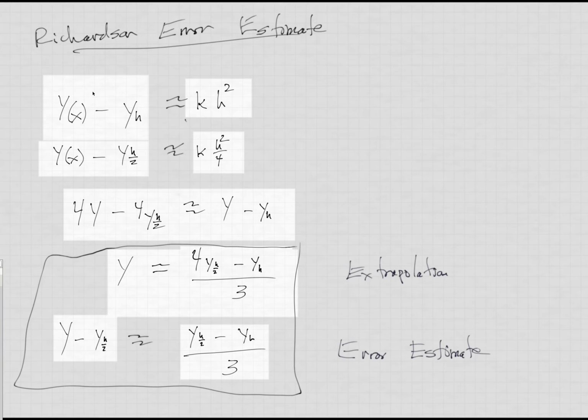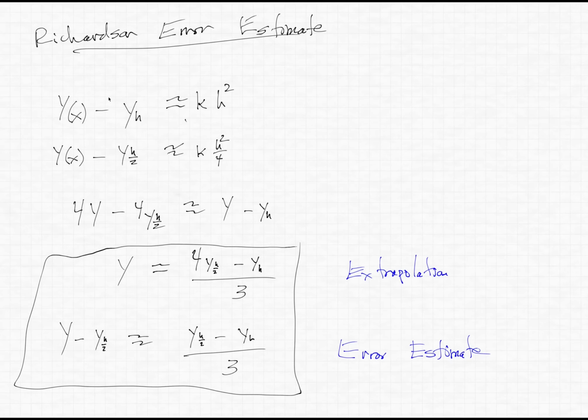According to what we just learned, the error in a particular y value that we get is proportional to h squared. So k is just some constant here. And this is an approximate equality, but it should be true asymptotically, right? So as h gets smaller, this should approach exactness.